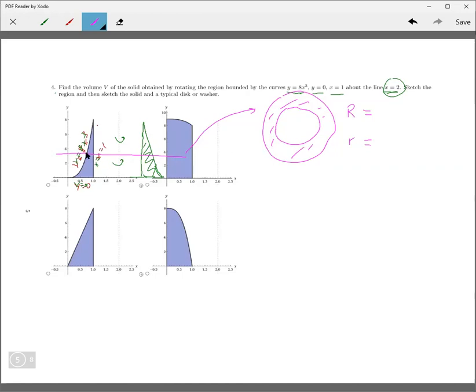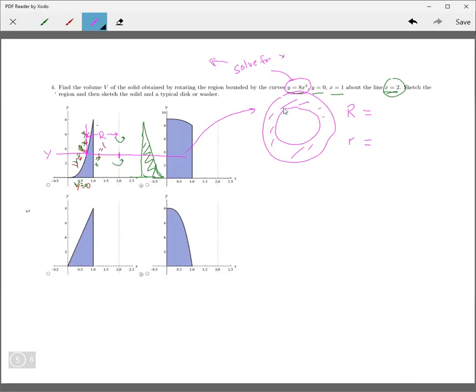Okay, so the outer radius is going from here to here. And it depends on your value of y, actually. So what you want to do is take this equation right here and solve for x.